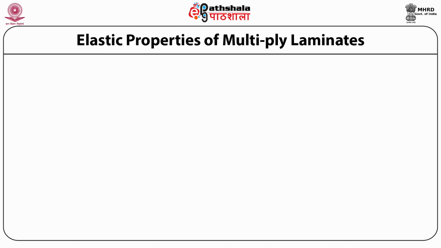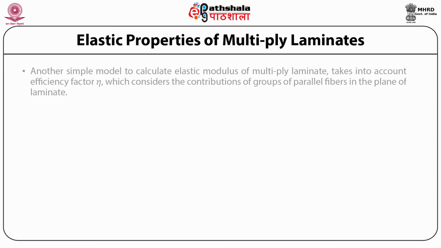Elastic properties of multiply laminates. Another simplified model to calculate the elastic modulus of multiply laminates utilizes the efficiency factor, that is eta, which considers the contributions of groups of parallel fibers in the plane of laminate.